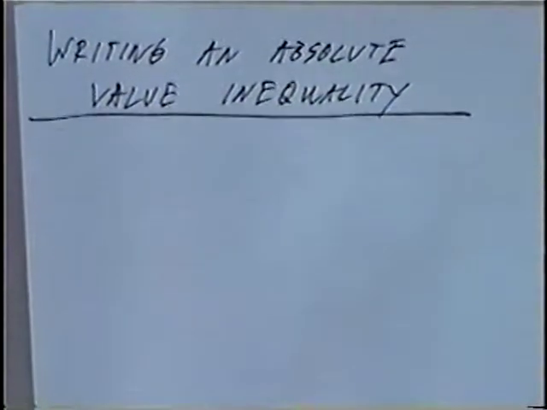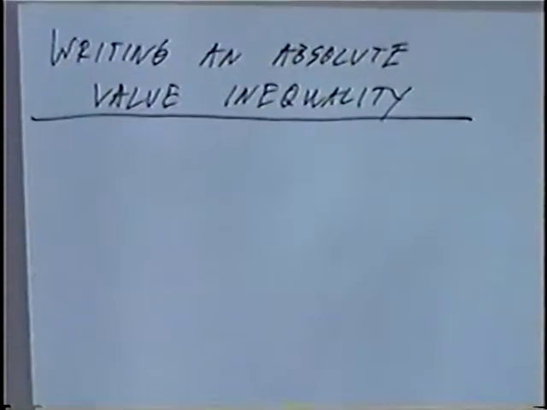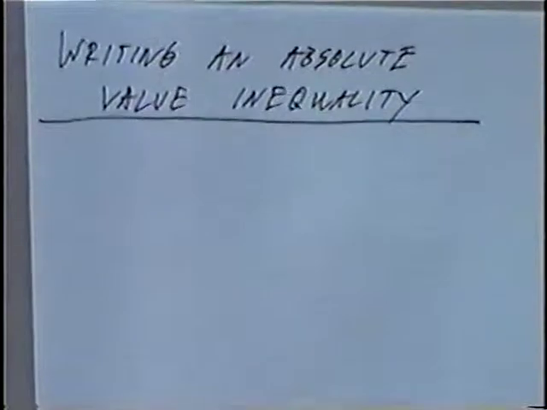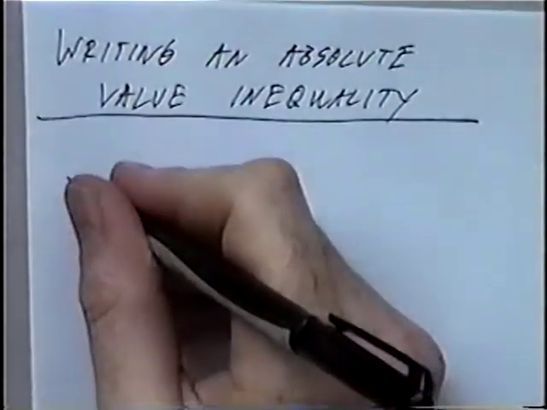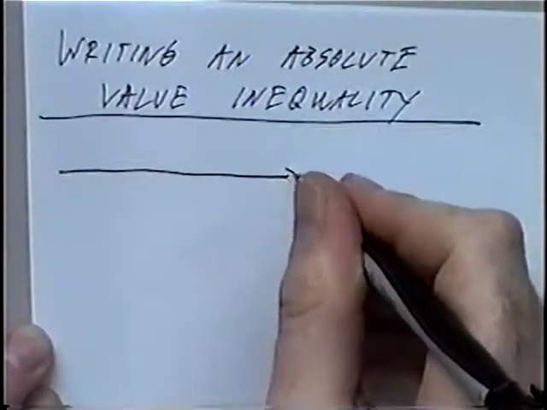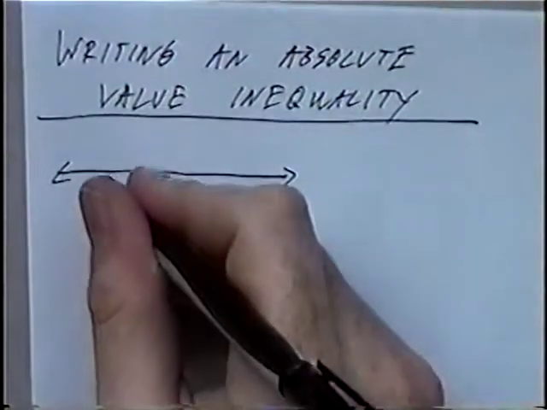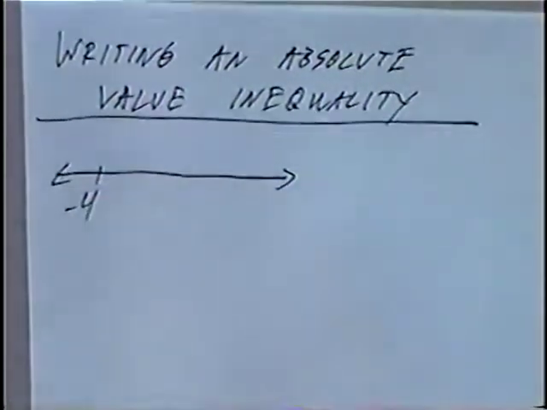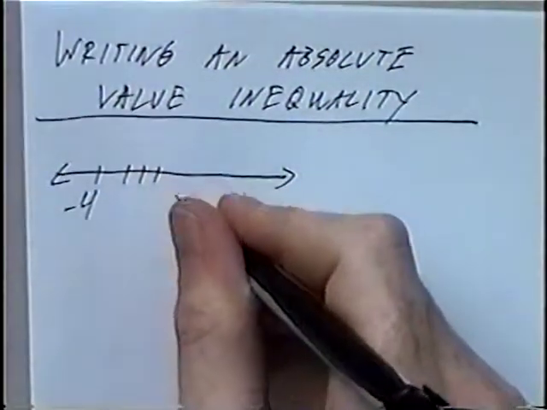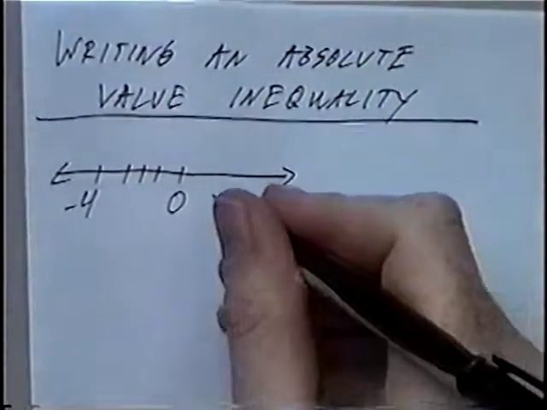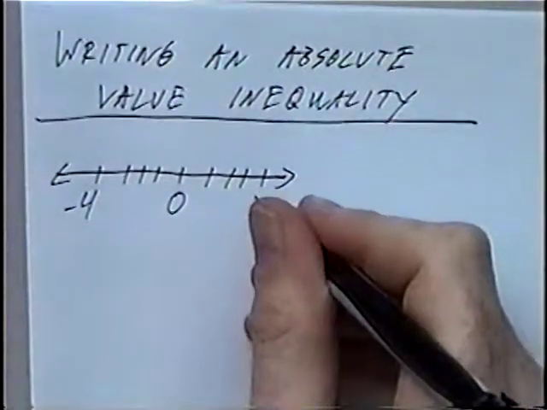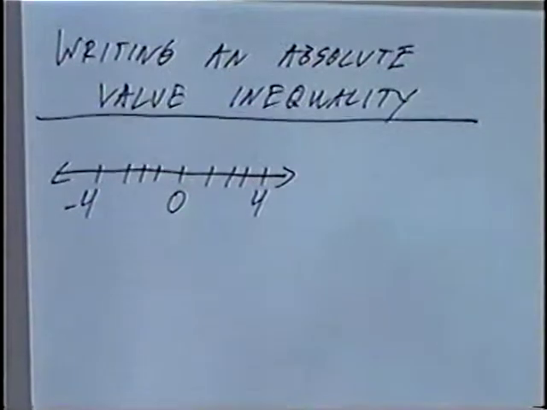For these questions, we'll be looking at a graph and working backwards to write the inequality. First question, we have a number line with negative 4 on the left-hand side, 0 in the middle, and positive 4 on the right-hand side.